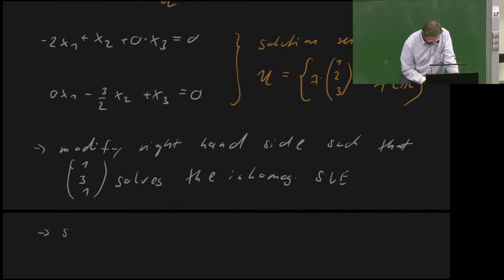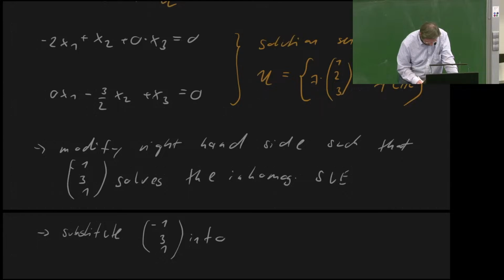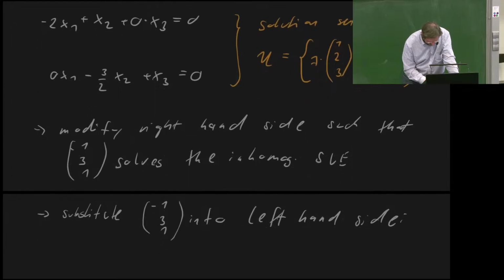Right, so what we do is we'll substitute this (-1, 3, 1) into the left-hand side. And what we get: -2 times -1 plus 3 plus 0.